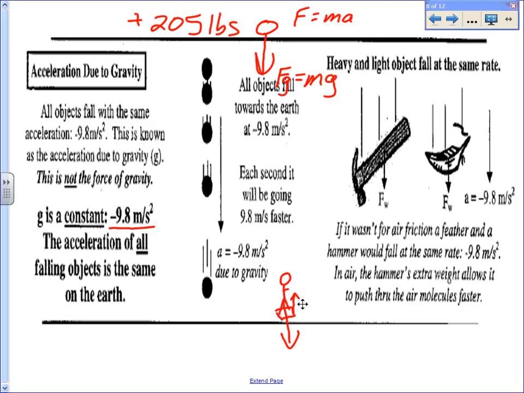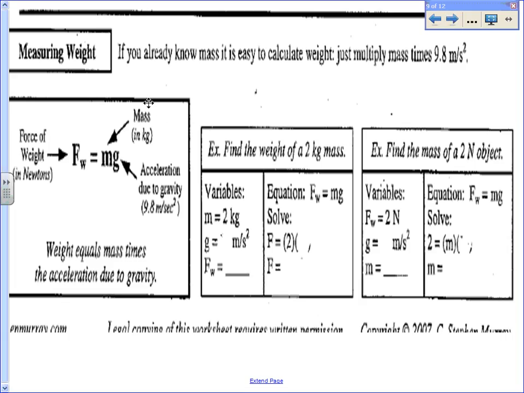So your weight is actually the force that the ground pushes back up, and so your weight is going to be a positive number. So the force of weight is going to be mass times g, the acceleration due to gravity. Notice that we're going to use a positive 9.8, so your weight will always be positive.